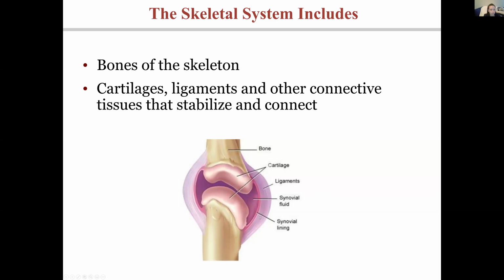Here we have an example of a synovial joint. There are several types of joints, and some of them are going to be more mobile than others. Most of your mobile, fairly flexible joints are going to be synovial joints. They're going to contain a synovial cavity, and within that cavity, there's going to be synovial fluid.